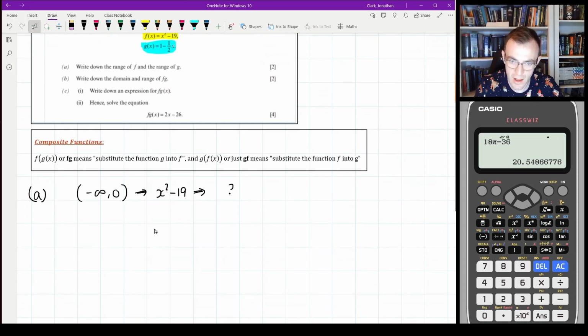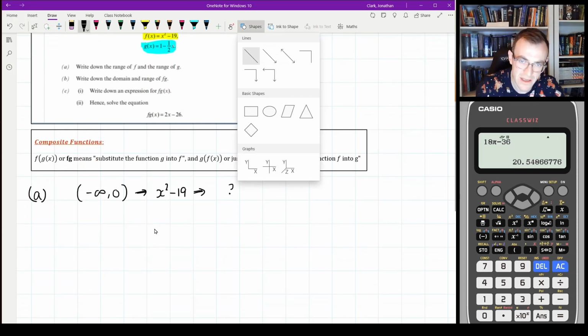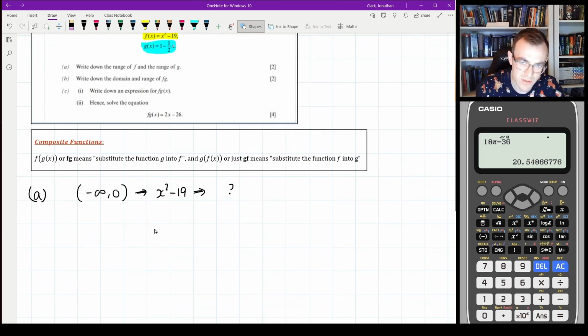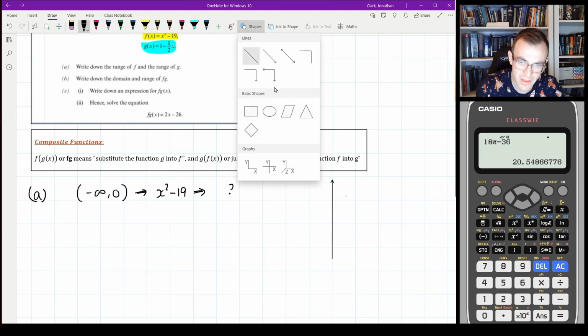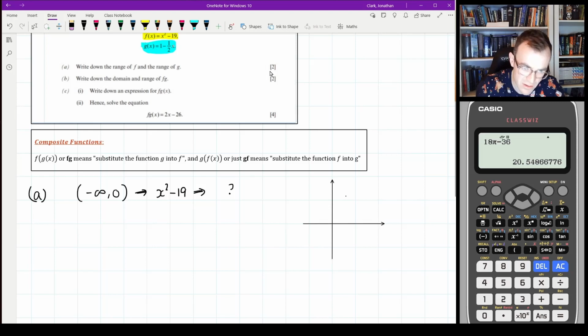So you can think about this graphically, or you can literally just plug in numbers. I think I'm going to consider the graphical interpretation. So it's an x squared graph, which means it does something like this. The minus 19 tells us that it passes through minus 19 on the axes.